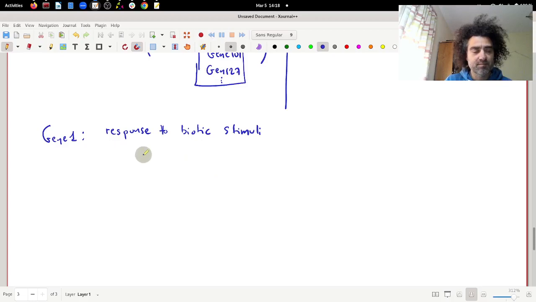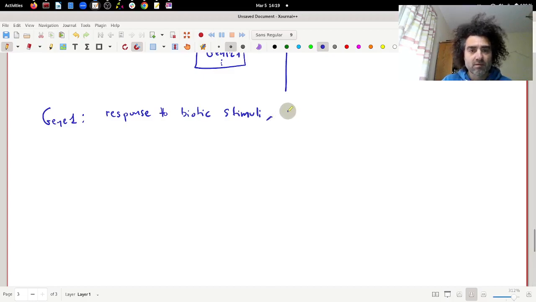Another term can be immune system process, and so on. So a gene might be linked to several terms.